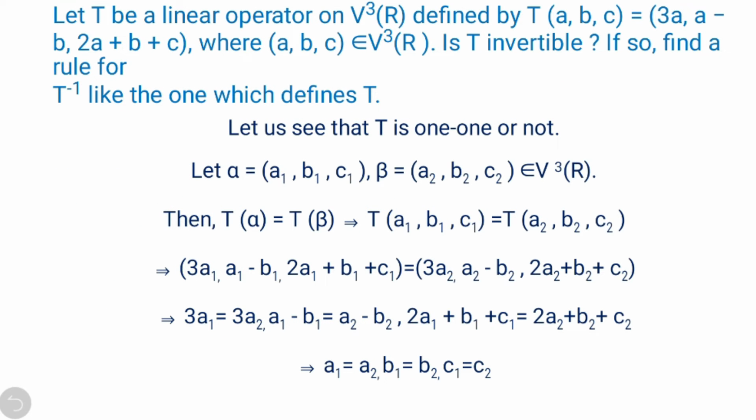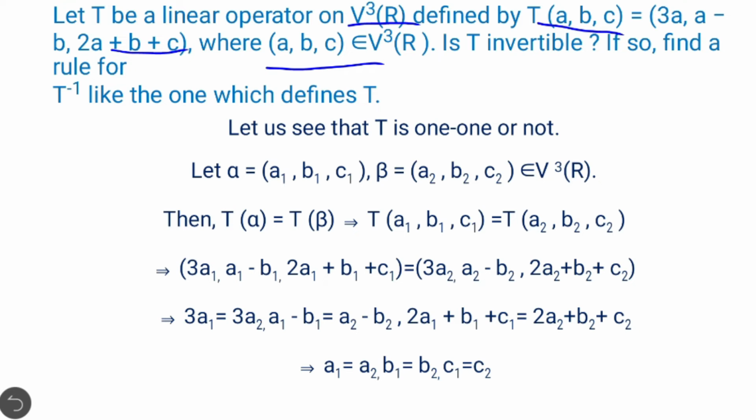Let's understand this concept with the help of an example. We are given a linear operator on V3(R) defined by T(a, b, c) equals (3a, a minus b, 2a plus b plus c). This is our given transformation where (a, b, c) belongs to V3.